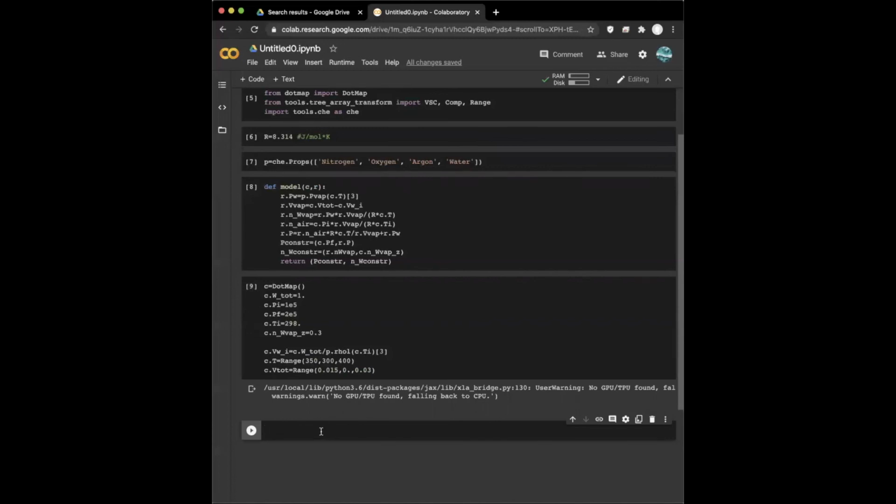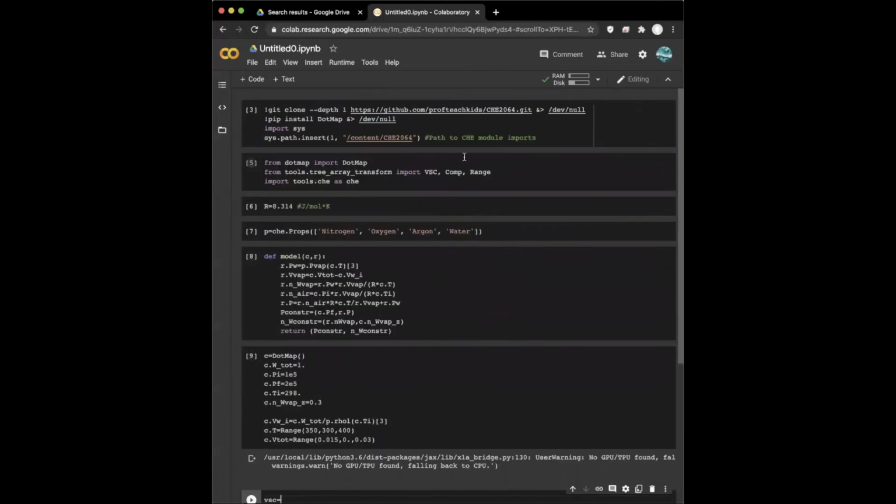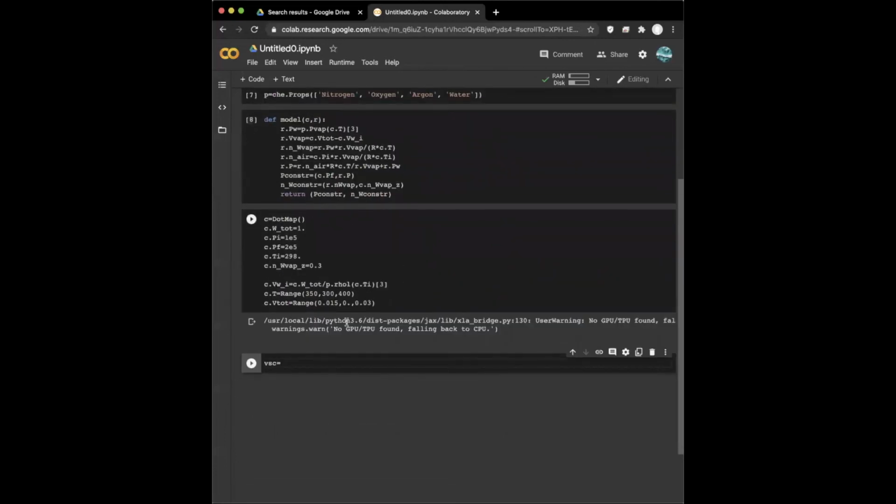Not necessarily sure what that means, but it's not giving me an error, so let's just keep going. So VSC, that's what we did up here. We have the VSC up there, so we want VSC of C and model. And then we also want VSC.solve, verbosity equals 0.